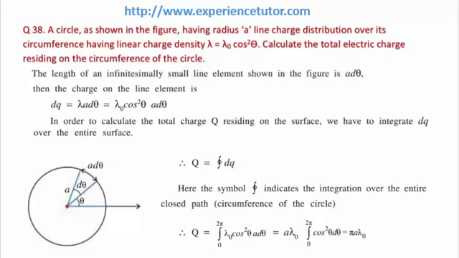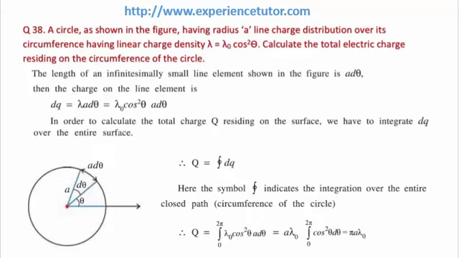The length of an infinitesimally small line element shown in the figure is a d theta. Then the charge on the linear element is dq is equal to lambda a d theta, which is equal to lambda naught cos square theta a d theta.